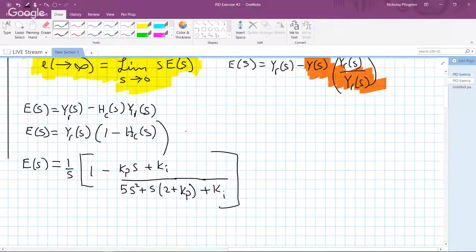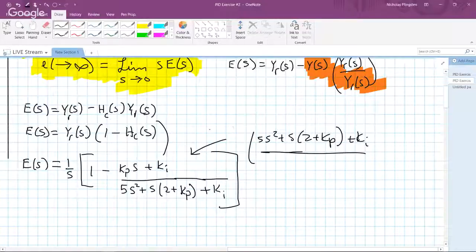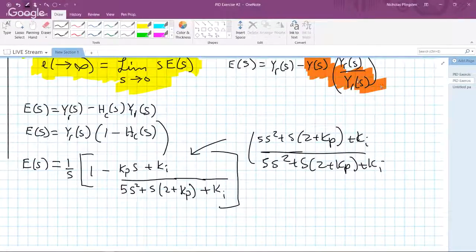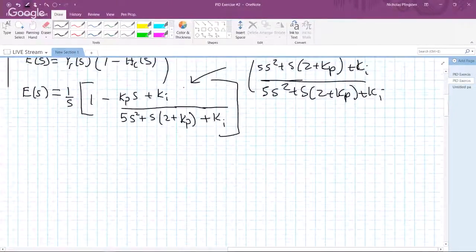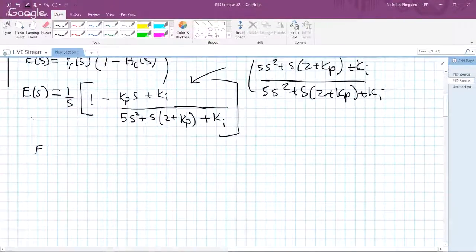Which means I'm going to multiply this inside expression, top and bottom, by 5s squared plus s2 plus kp plus ki. So we're going to do, and what that turns into is E of s equals 1 over s.